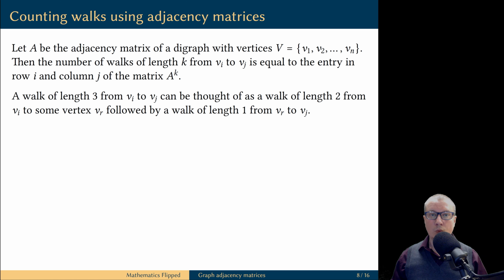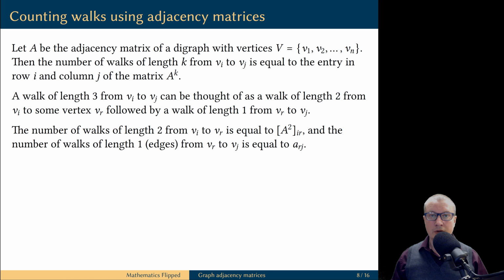Next, let's look at walks of length 3. A walk of length 3 consists of a walk of length 2 plus a walk of length 1. And we can choose some intermediate vertex Vr. So this walk is a walk of length 2 from Vi to some vertex Vr plus a walk of length 1 from Vr to the destination Vj.